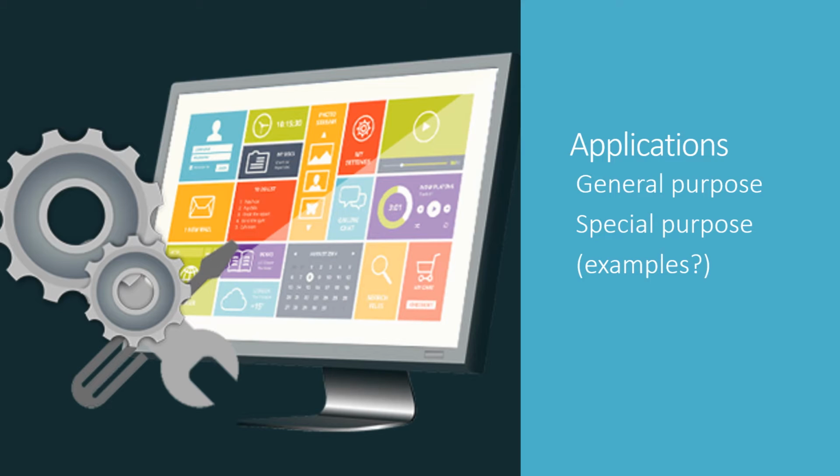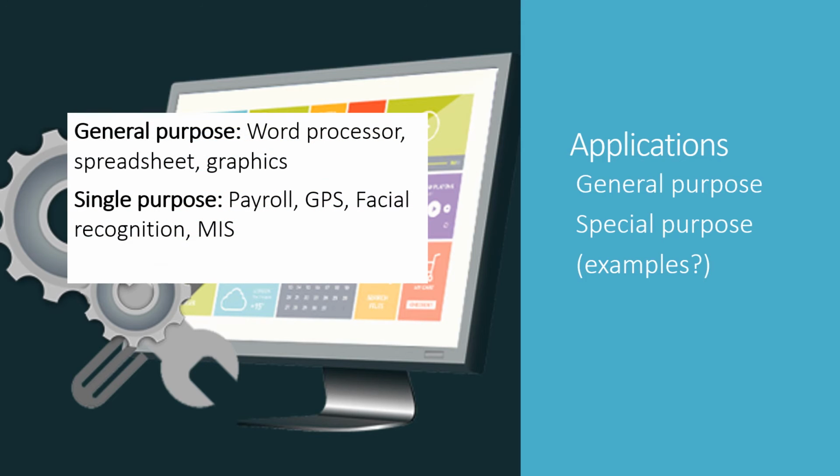So these aren't hard and fast categories, but it is a way of thinking about application software. Can you think of examples of software that fit into those two categories? I'll talk about that a bit more on the next slide, so pause the video if you want to have a think about it or a discussion now.